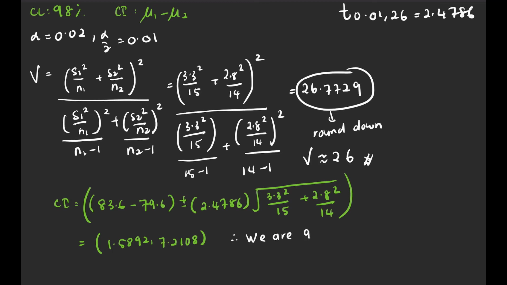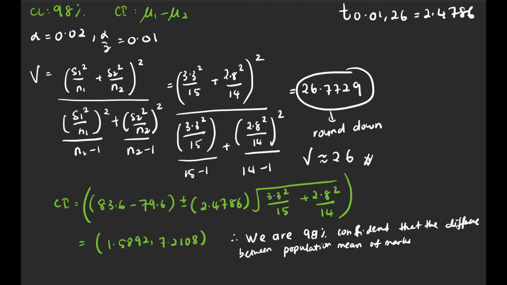So we are 98% confident that the difference between the population mean of marks, math major and science major, lies between 1.5892 and 7.2108.